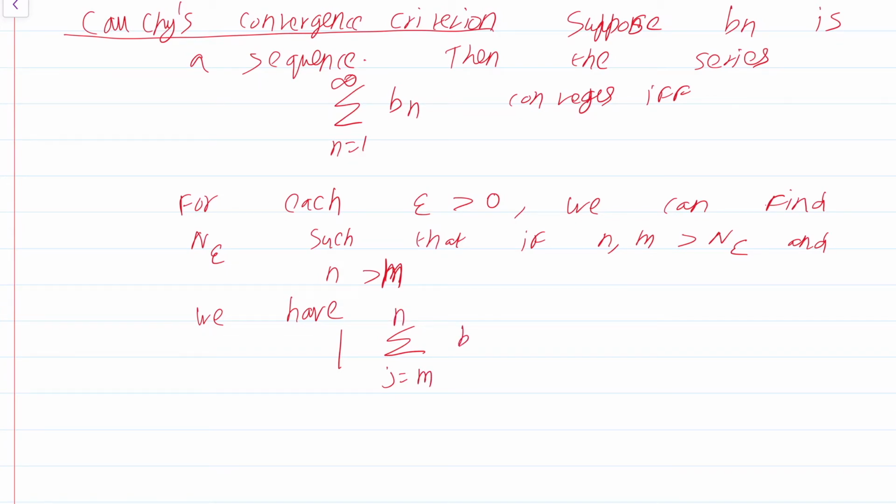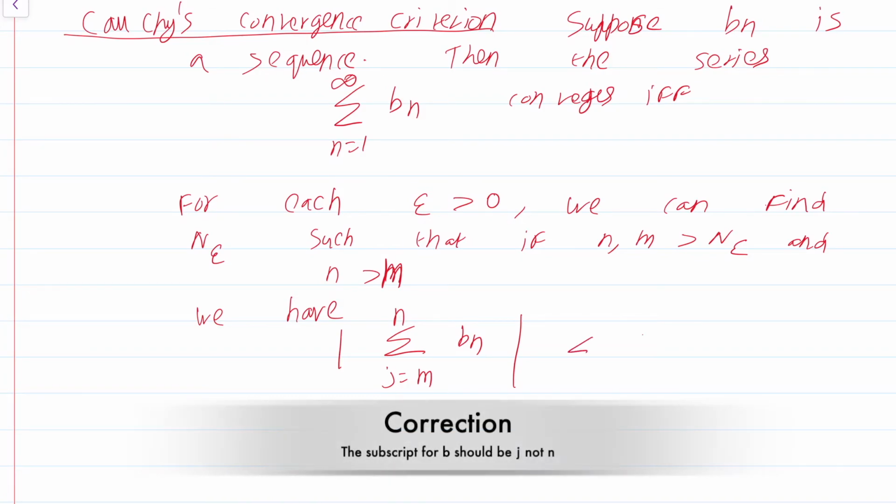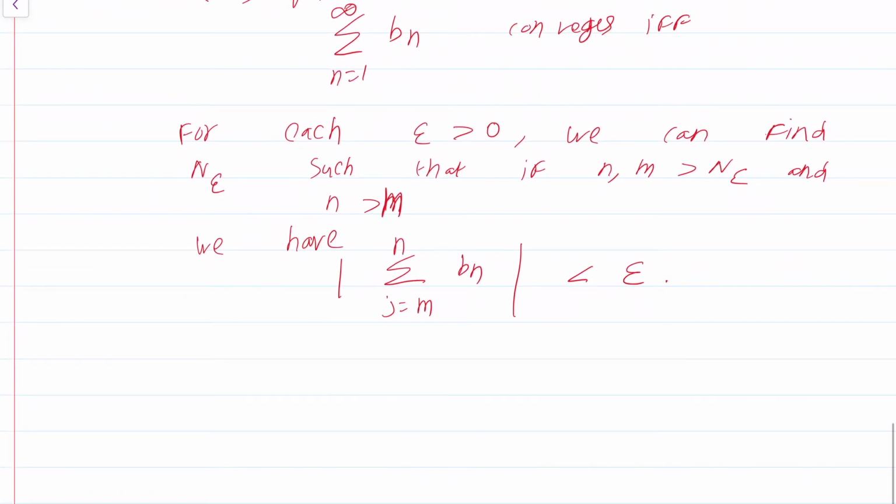This modulus is less than epsilon. Okay, so this might seem a bit complicated, but once you see the proof you will just facepalm yourself and think, oh, it's obvious. Proof.